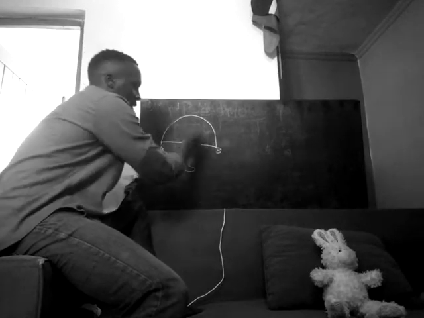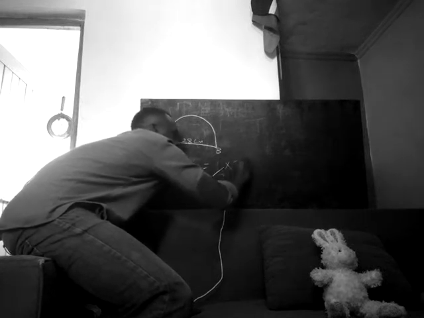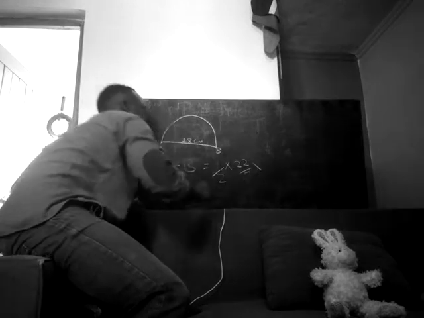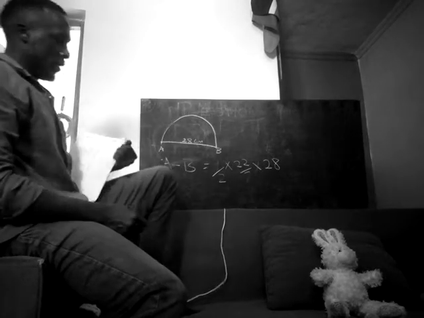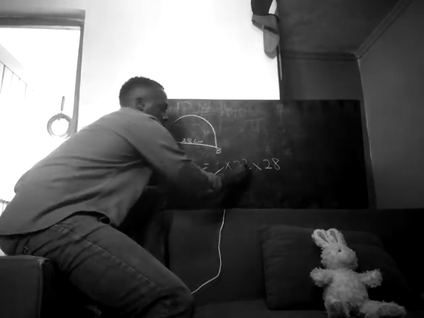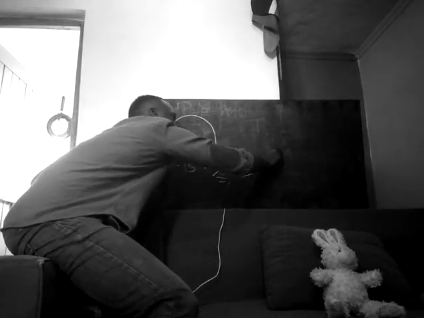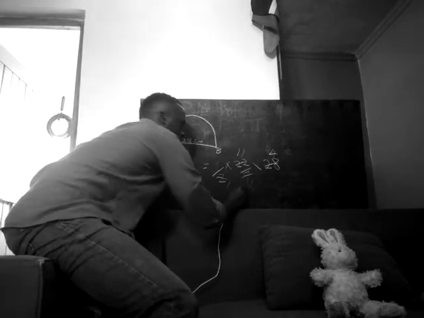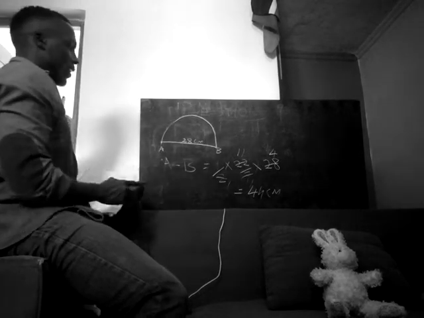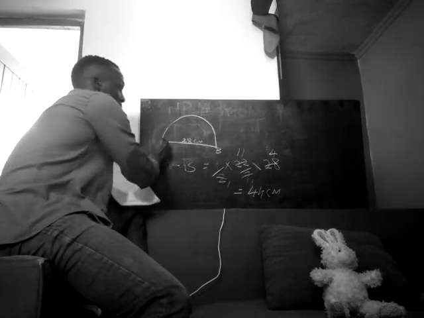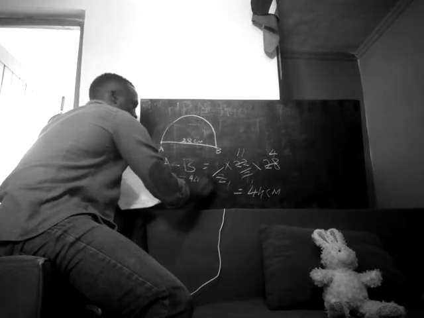Because this is half of it, we say half times 22/7 times the diameter, which is 28. 2 will go there once, and it will go there 11 times. And 7 goes there once, and it goes there 4 times. 11 times 4 is 44 centimeters. So class, from A to B, we have 44 centimeters.